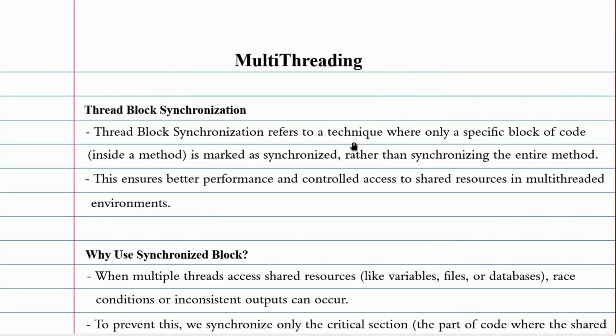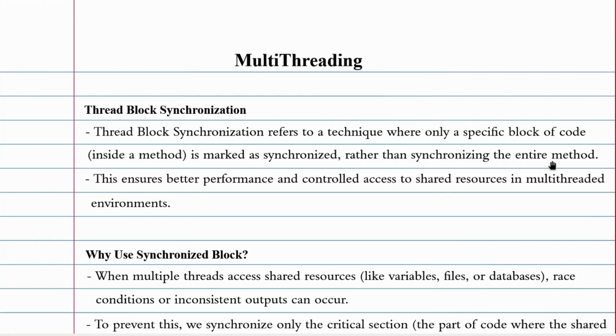Thread block synchronization is a type of synchronization that refers to a technique where only a specific block of code inside a method is marked as synchronized, rather than synchronizing the entire method. In block level synchronization, we do not make the whole method synchronized.